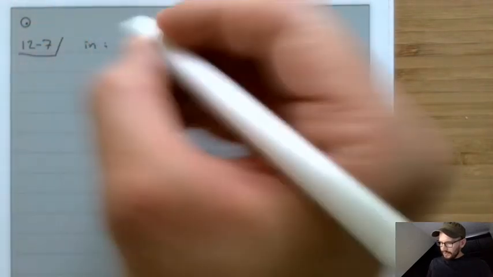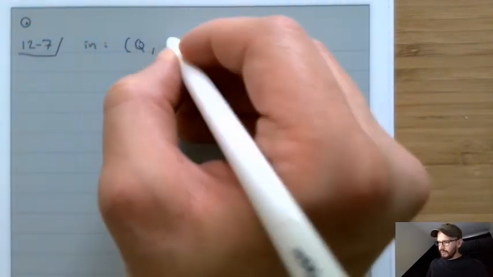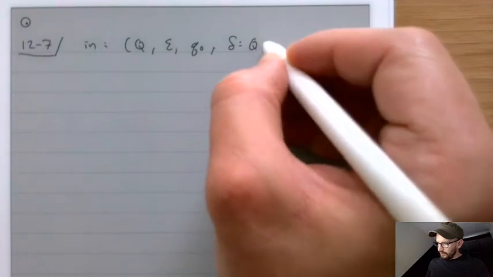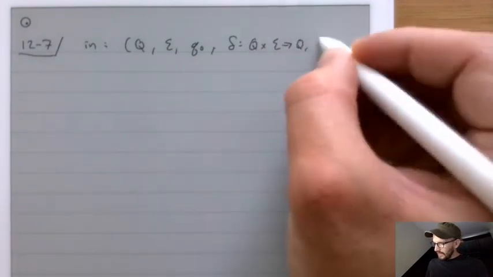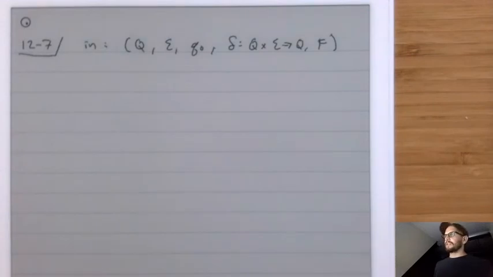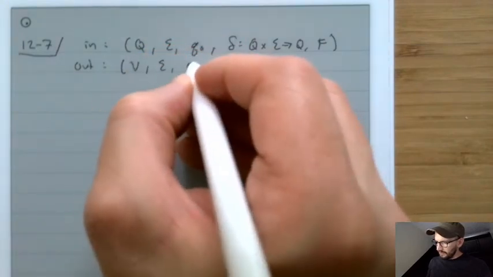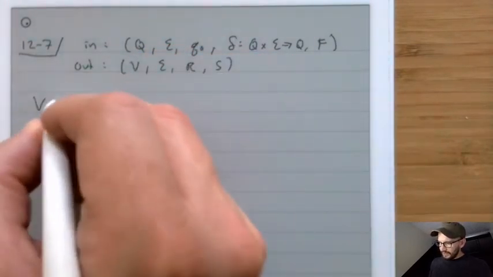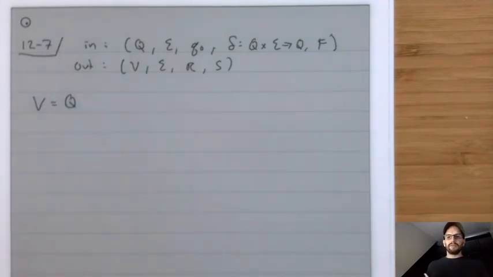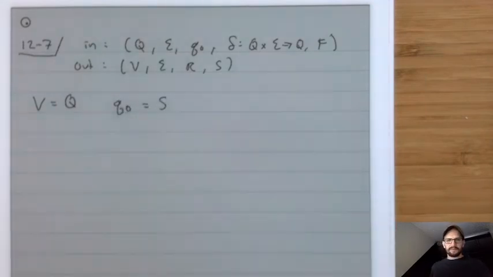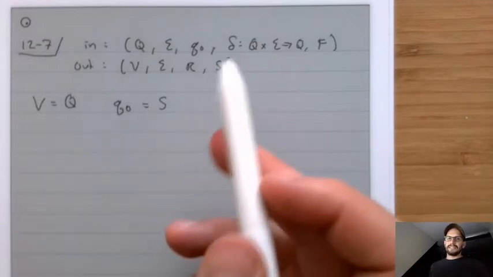Our input is a DFA, so we have Q, sigma, q0, delta, which goes from Q cross sigma to Q, and F. Our output is going to be V, sigma, R, S. So V is going to be equal to Q. There's going to be one variable for every state of our DFA. q0 is going to be S. Then we're going to describe how to add rules based on what is inside of delta and whatnot.